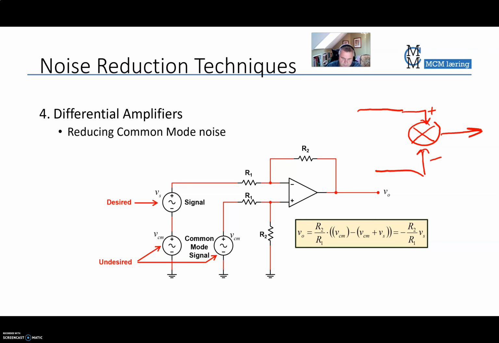So if you have your signal here plus your noise here, and you are able to conduct the noise only here, then you will have signal plus noise minus noise makes signal only. But again, that depends on whether you are able to isolate the noise and send that into the system alone, like that.